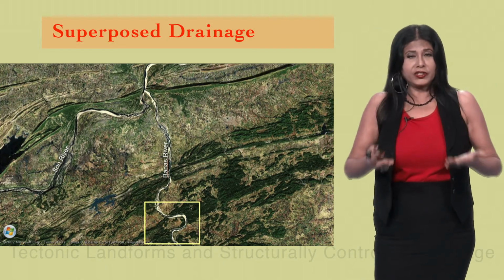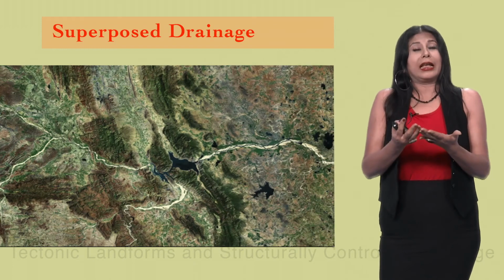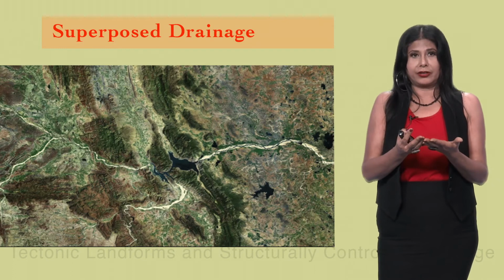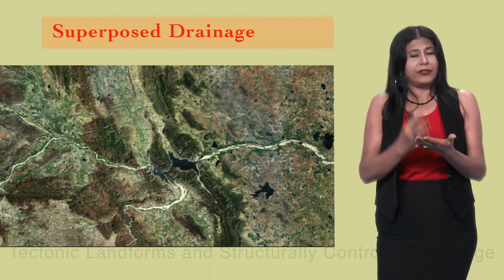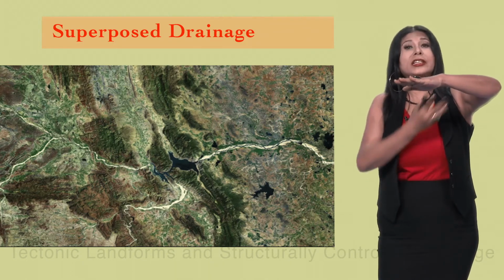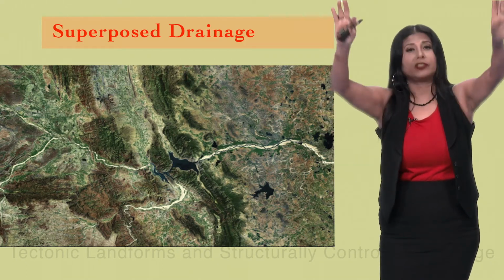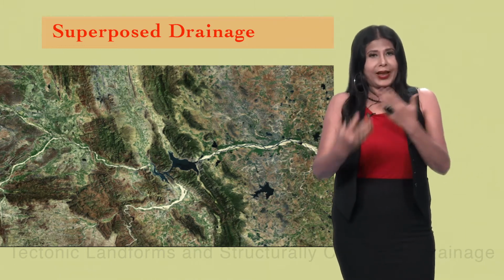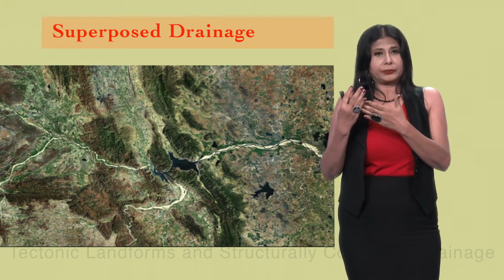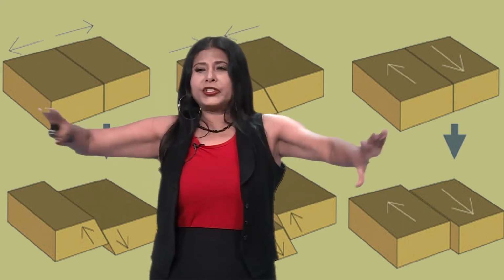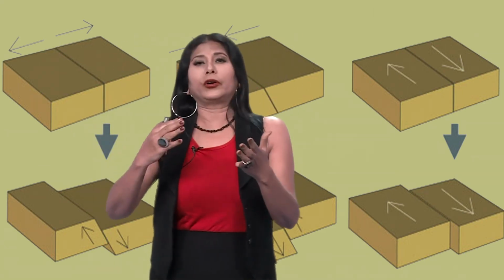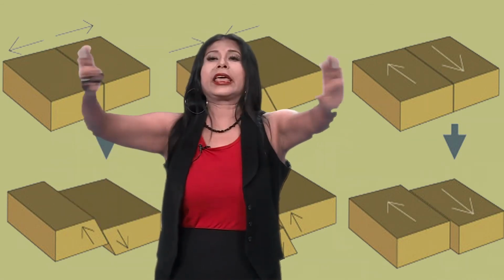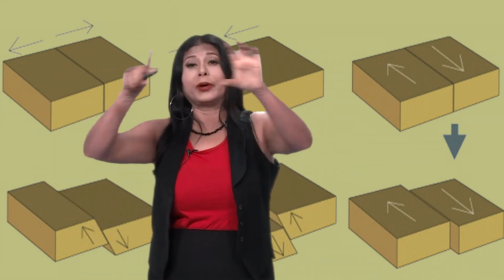If we look at this feature, it also looks like an antecedent river, but the definition is slightly different. In case of an antecedent river, a river was already in existence and tectonics came afterwards and disturbed it. But the river is still maintaining its course and cutting across the mountain. Whereas in case of superimposed drainage, a geological strata of whatever origin, with already some faulted structure, over which came the deposition and creation of another layer.